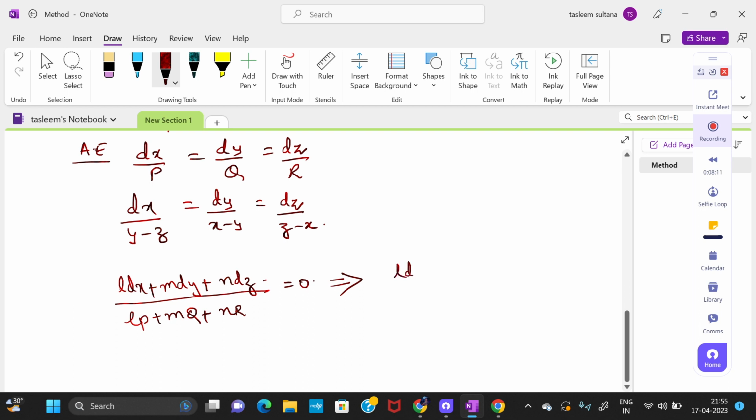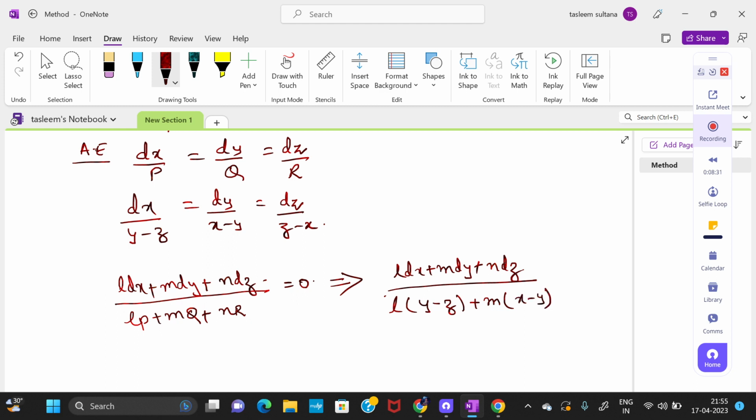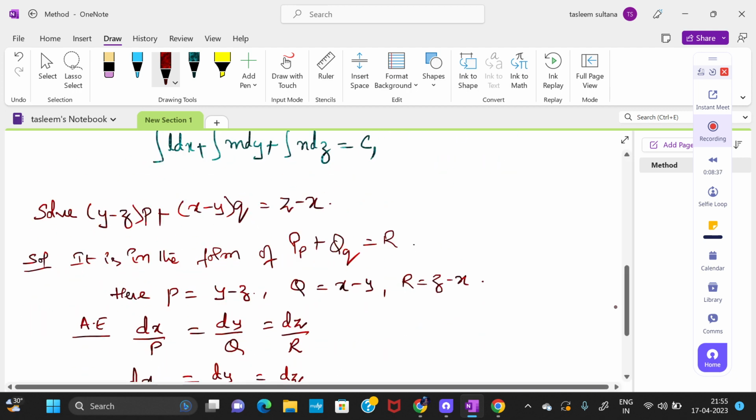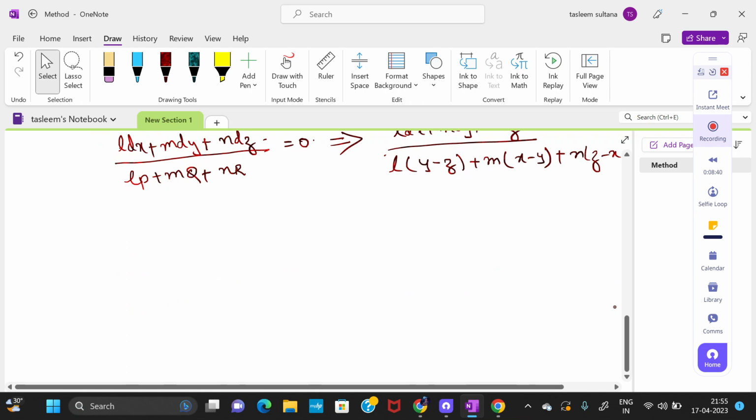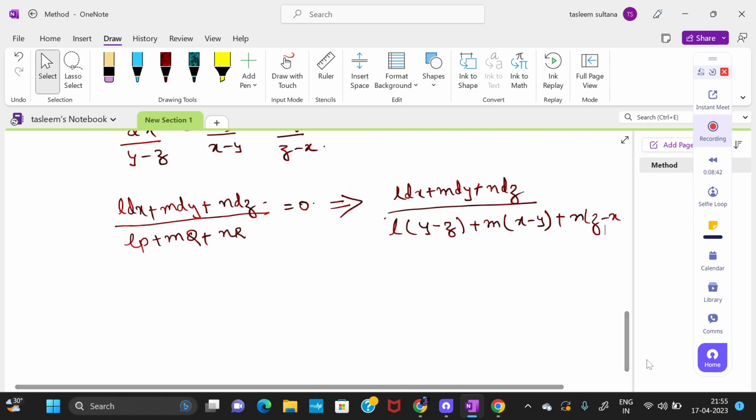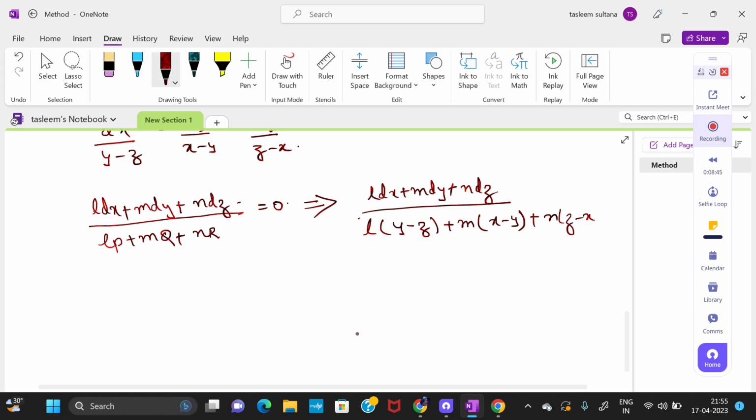So l dx plus m dy plus n dz divided by l into (y minus z), plus m into (x minus y), plus n into (z minus x), equals 0.